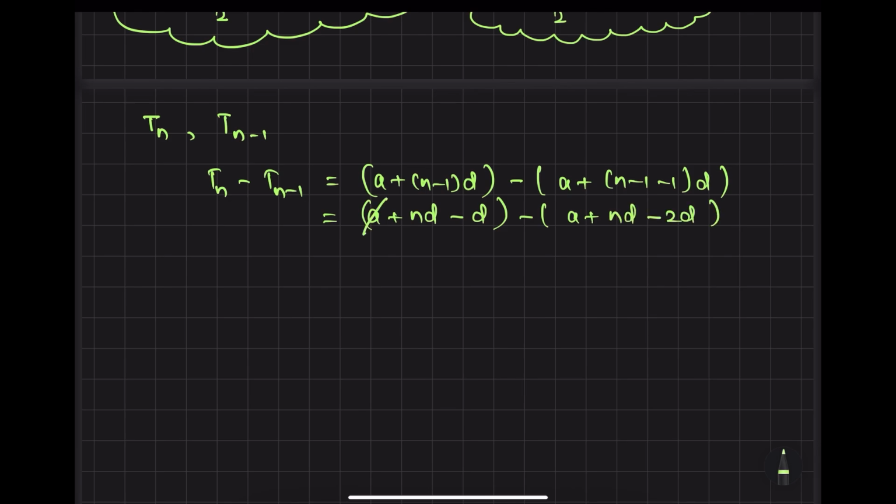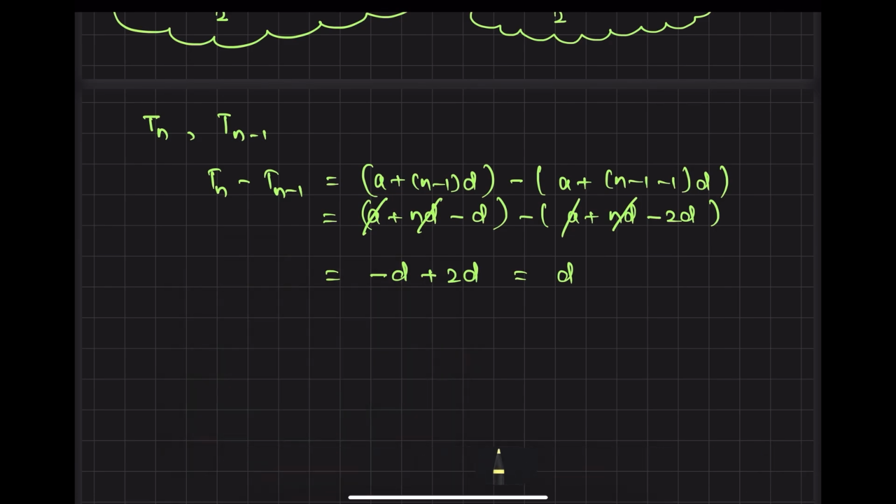So look, this thing will be neutralized, this thing will be neutralized, and we will be left with minus d plus 2d. So we will be getting d, the common difference. Okay, next term minus previous term is the common difference.